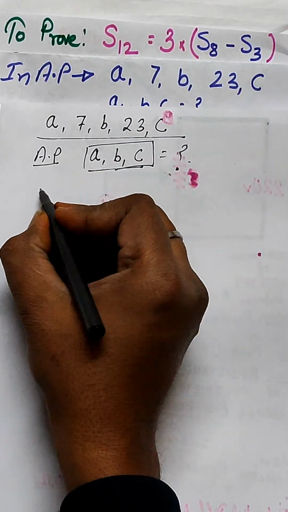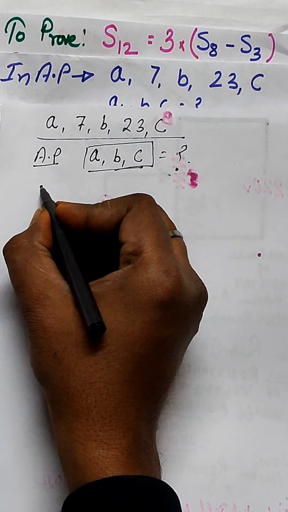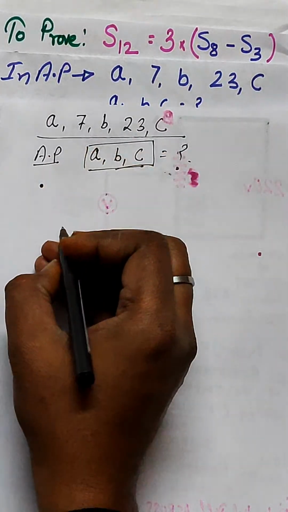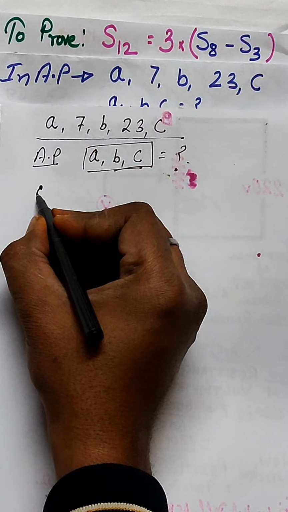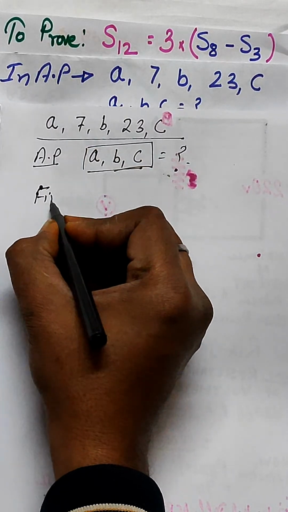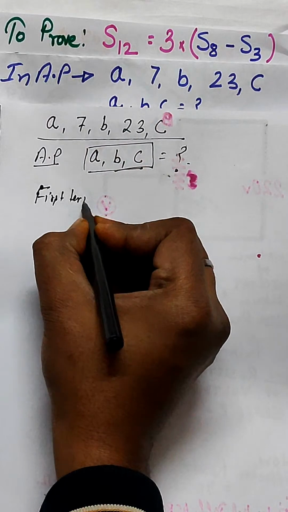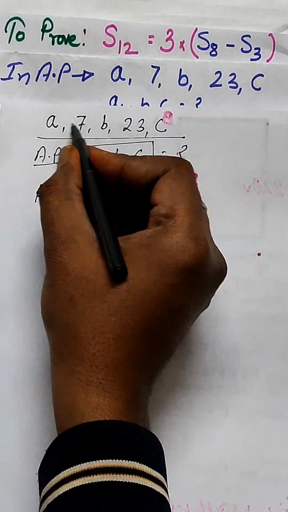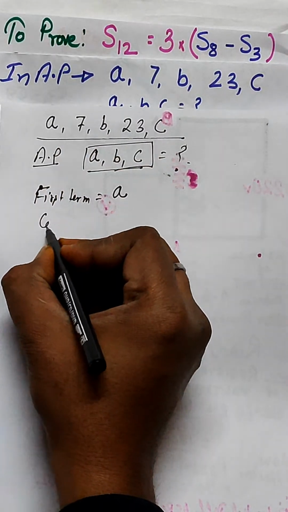Here you can just see the second term. Second term is 7 and the first term is A. So just write the first term. First term is A and the second term minus first term will give you the common difference.